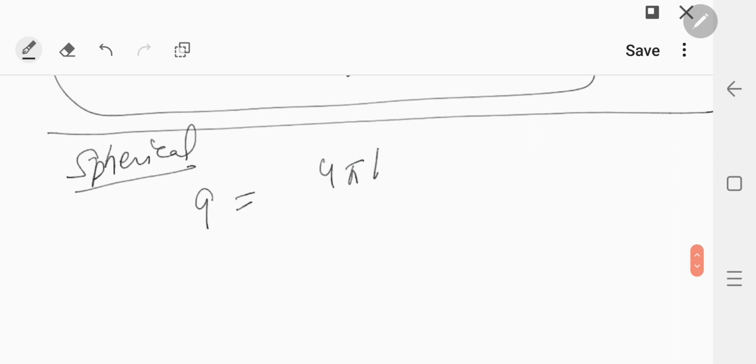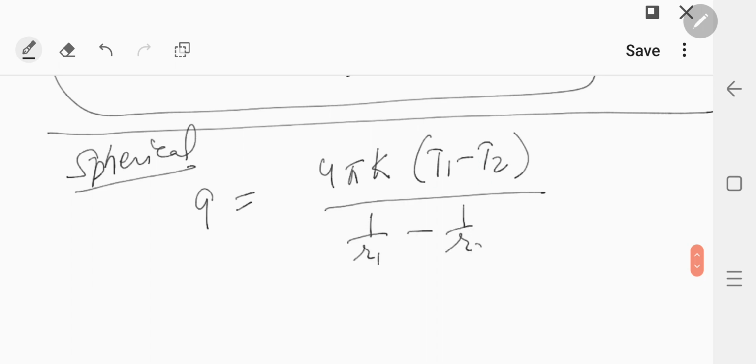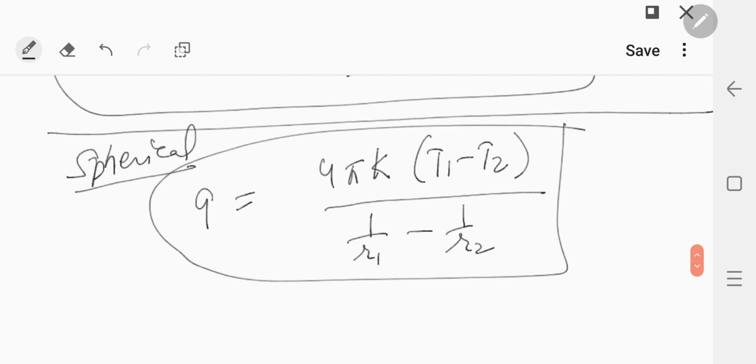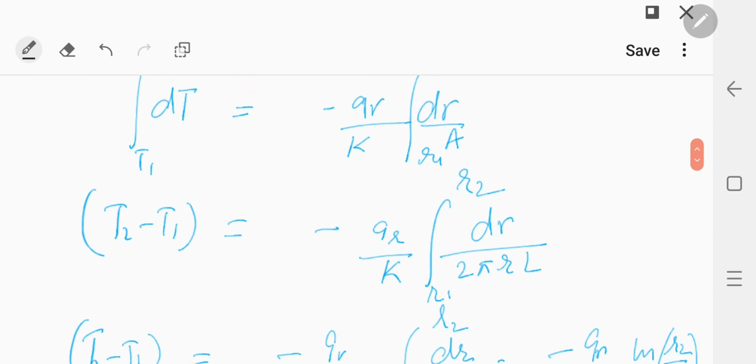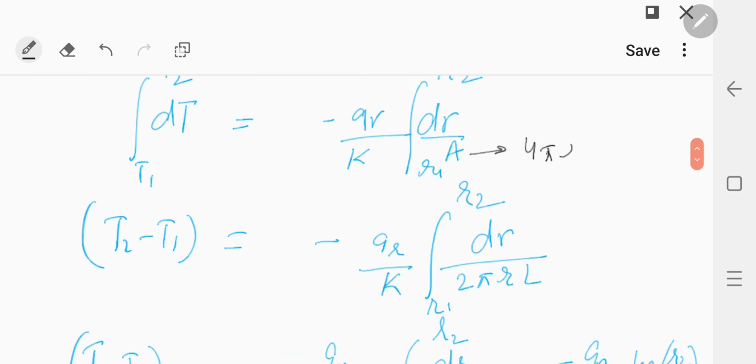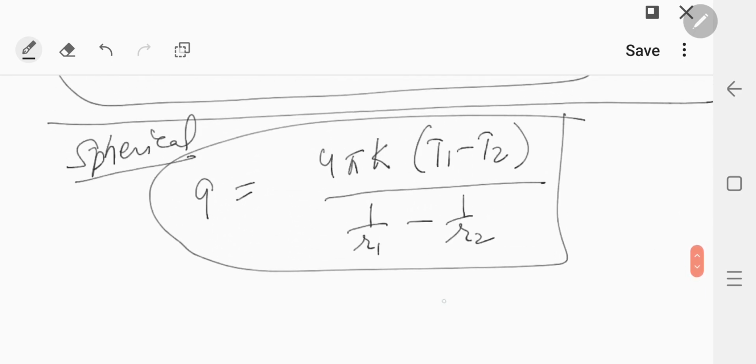It will be represented by 4 pi K (T1 minus T2) over 1 by R1 minus 1 by R2, because in the integration the area is 4 pi r squared. So when you integrate, you get this term as 1 by R1. So from R1 to R2, you can calculate the heat transfer rate.